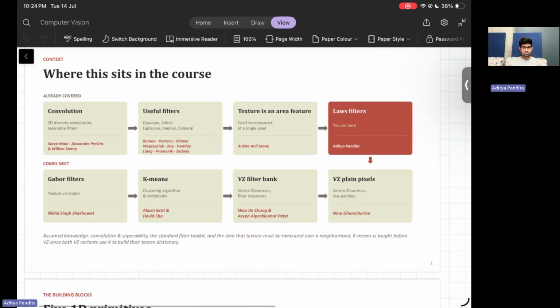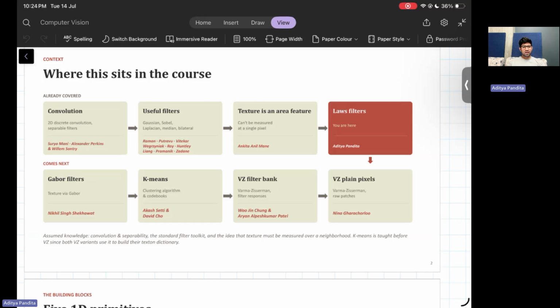Next is where exactly our talk sits in the picture of our entire course. Prior to this, we have covered 2D discrete convolution and separable filters, and the standard filter toolkit that includes Gaussian, Sobel, Laplacian, median, and bilateral filters.